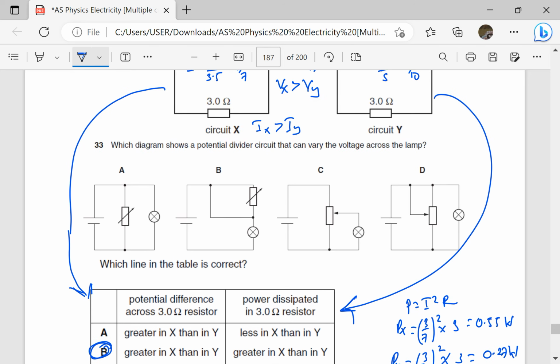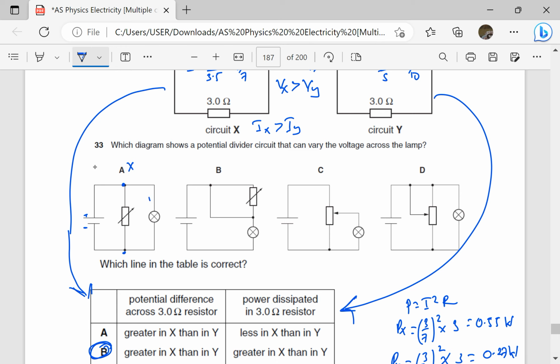Then we go back to this question. Which diagram shows a potential divider circuit that can vary the voltage across the lamp? This one will never vary the voltage across the lamp, because the potential at this point will always be the potential across the battery, and the potential at this point will always be the potential across here.